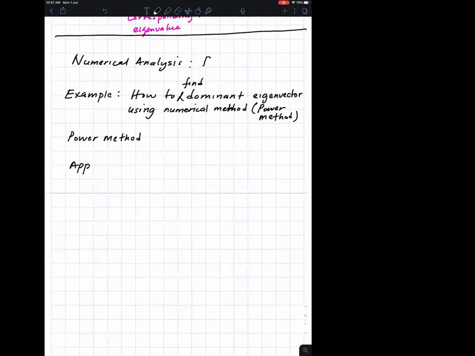We call this the power method. In this case, we are doing the power method here.